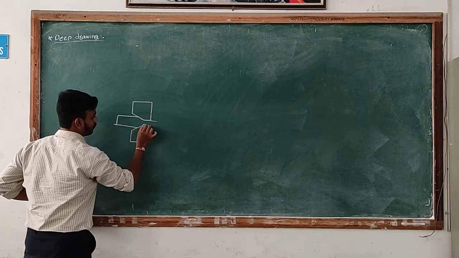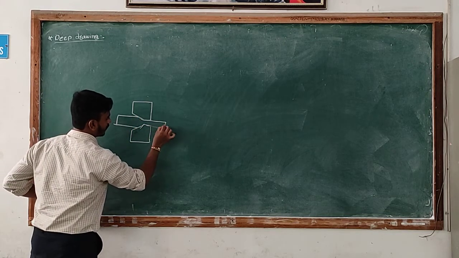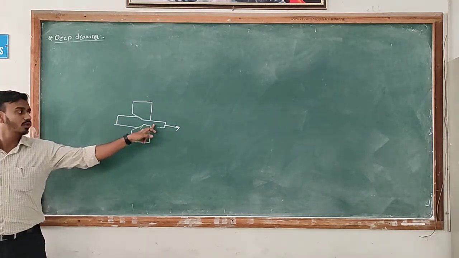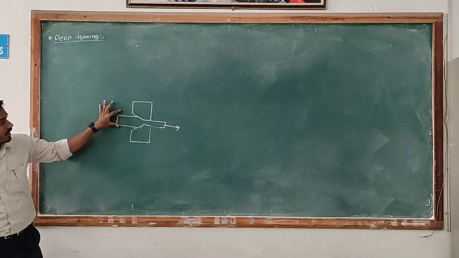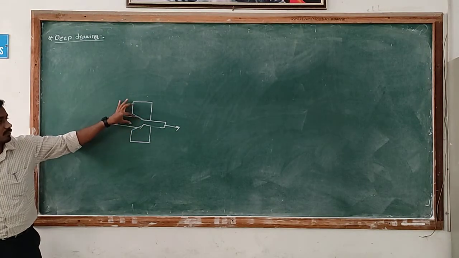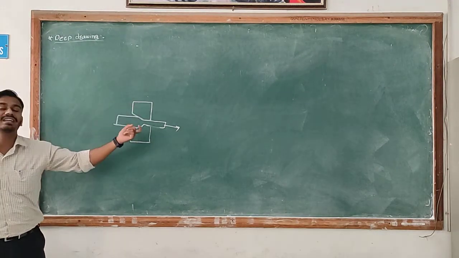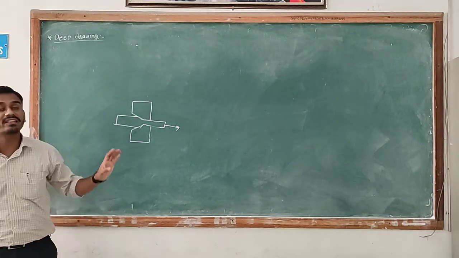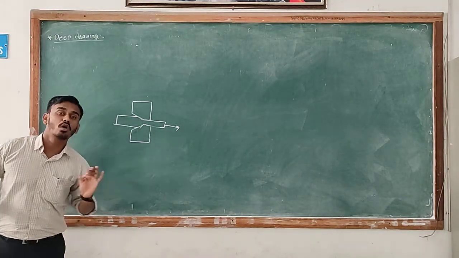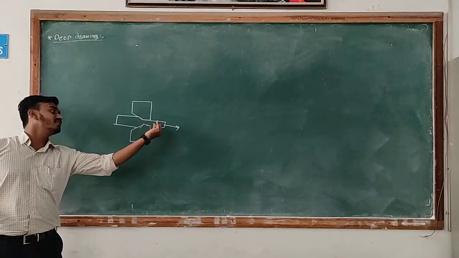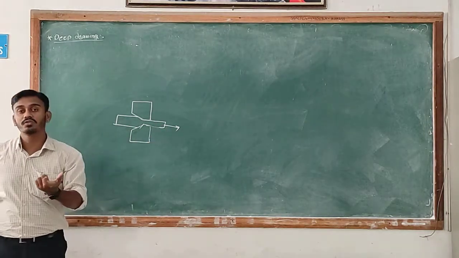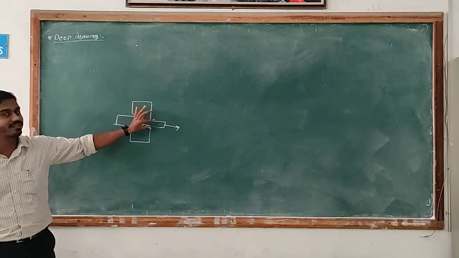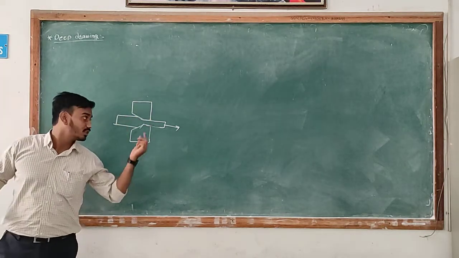When we pull this raw material on this side, then reduction of the size or area of the raw material takes place, and this process is called the drawing process. If this diameter is very small, then we can obtain wires as output, and if this diameter is large, then we call it a bar.